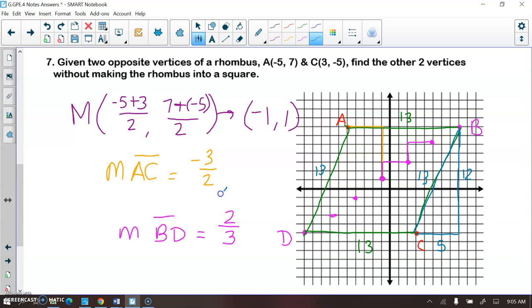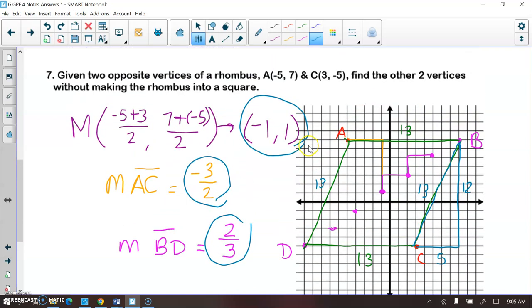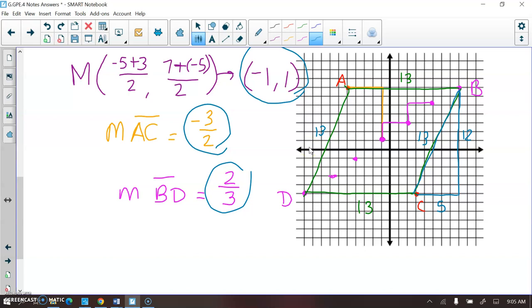The diagonals are perpendicular because I found opposite reciprocal slopes. The diagonals bisect each other because they have the same midpoint. And the diagonals are not congruent. So this makes it a rhombus, which means that point B was at the point 8, 7.